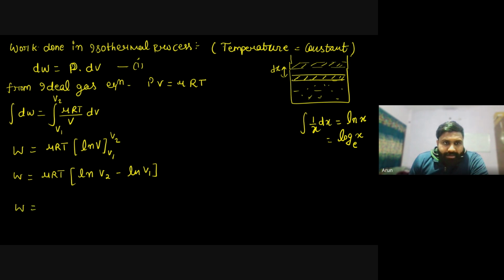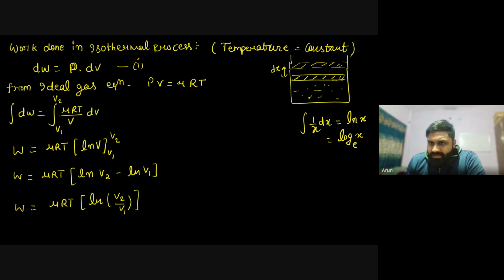So W you can write as mu RT ln V2 by V1. Any kind of problem in this till now? If you have any kind of problem, is it clear till here? If it is clear, then give me a thumbs up.